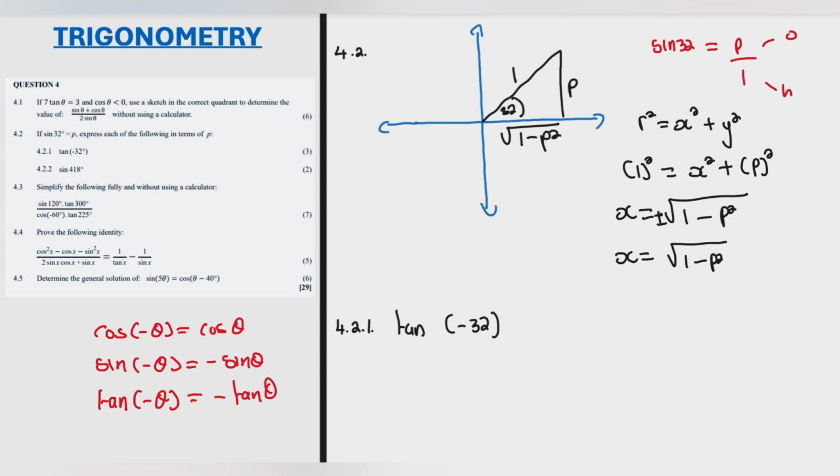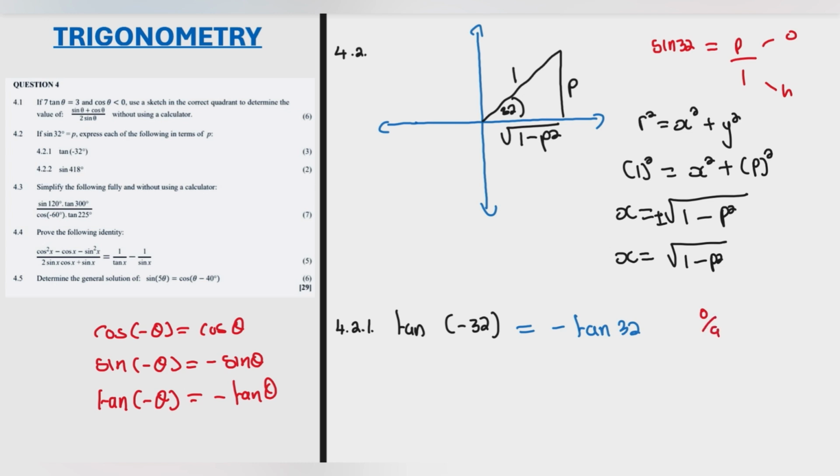So in this case, because we have a negative angle, this is actually equal to negative tan of 32. Then how do you go about it? Tan of 32 is what? The ratio of tan is opposite over adjacent.